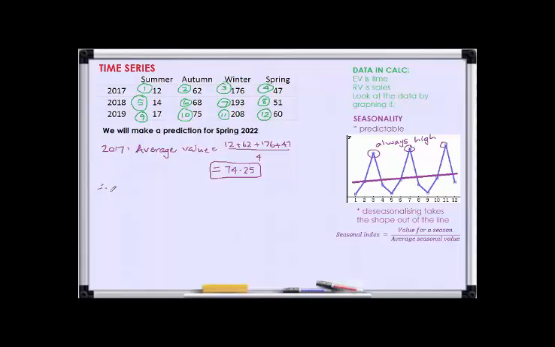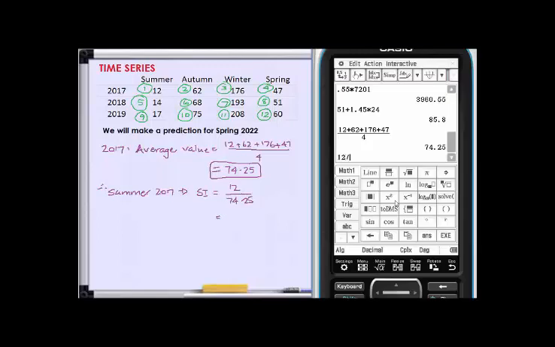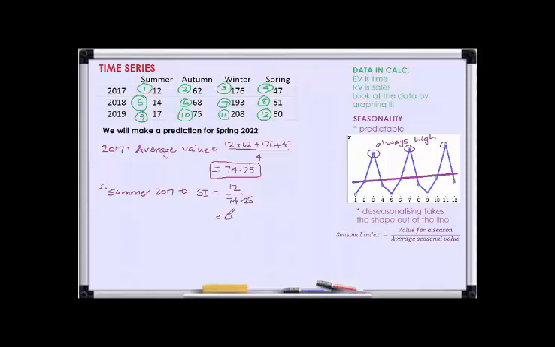So therefore, summer 2017 has a seasonal index of 12 over 74.25, which equals, again, we'll go to the calculator, 12 over 74.25 gives us 0.162, and I'll do everything to 3 decimal places. I'll do the same calculation for each of the other seasons, and then I'll come back to you.